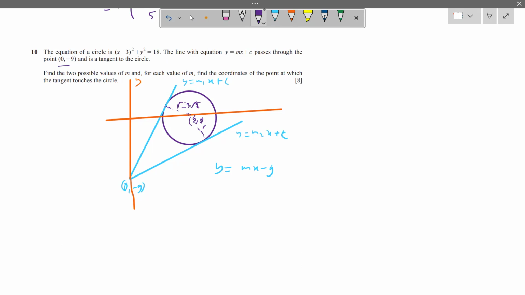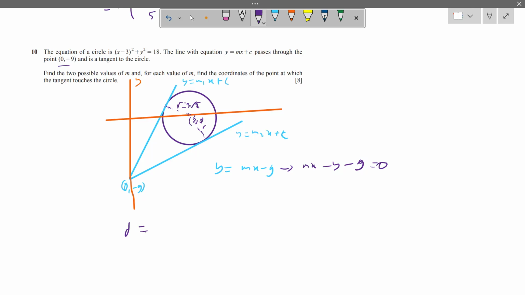So what do you have to do? Now recall the distance between a point and a line. So you have this equation here is mx minus y minus 9 equals 0. So the line equation must be in this form to use this formula.